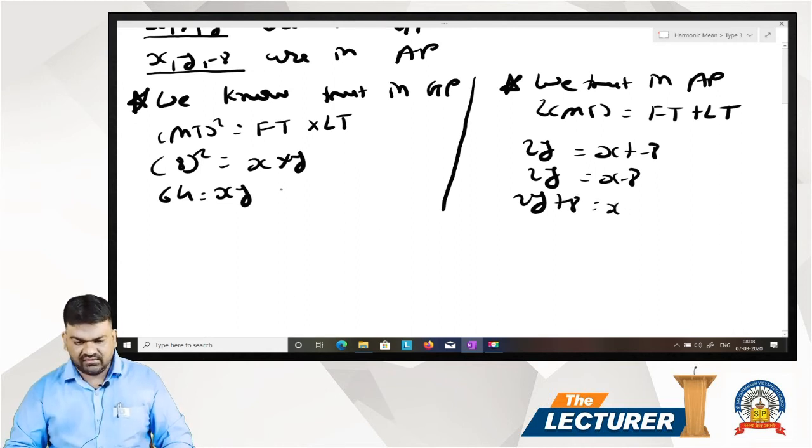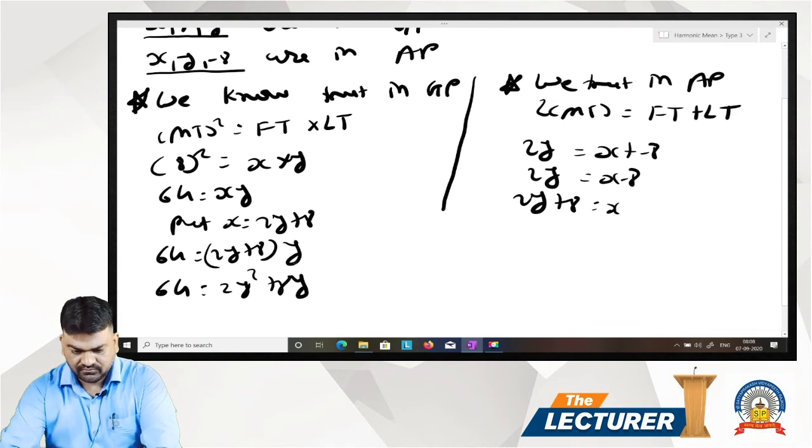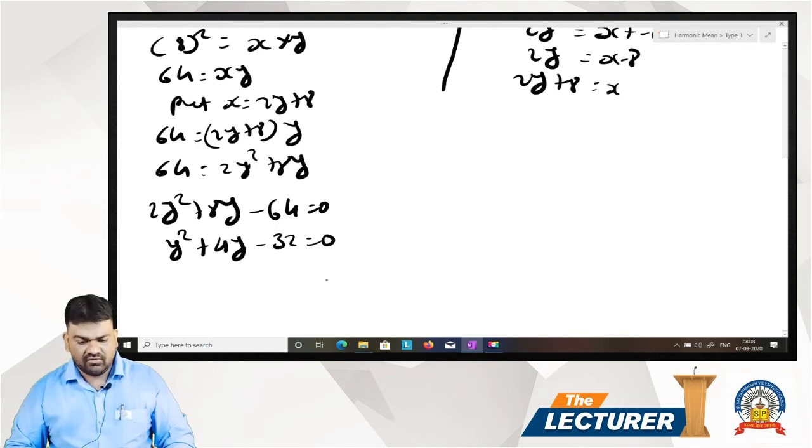Put x is equal to 2y plus 8 in 64 equals x times y: 64 is (2y plus 8) multiplied by y, so 2y square plus 8y. So 2y square plus 8y minus 64 is equal to 0. y square plus 4y minus 32 is equal to 0.